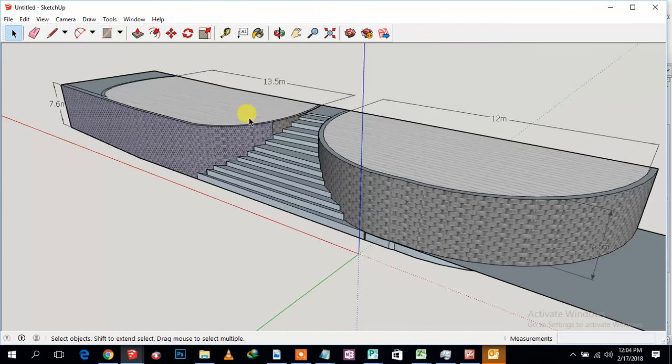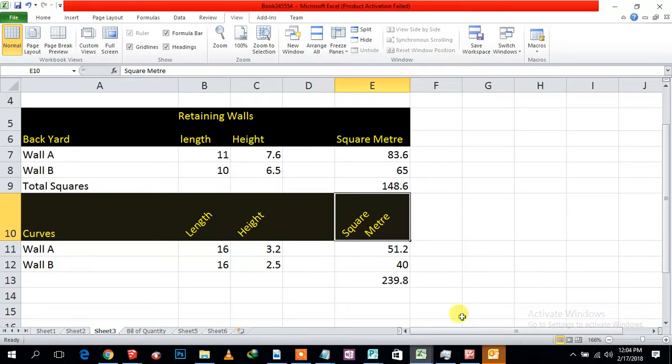So I'm going to say 7 plus 7, which is 14, and then I'm going to use a single height of half of 7.6 meters, and multiply with the total length. Initially I'd said 8 plus 8, but let me say 7 plus 7, just to avoid overestimating. So for wall A, both sides, both curves, with a height of half of 7.6, we're looking at about 44 square meters.